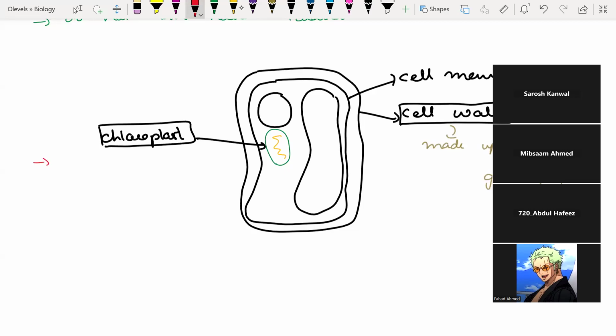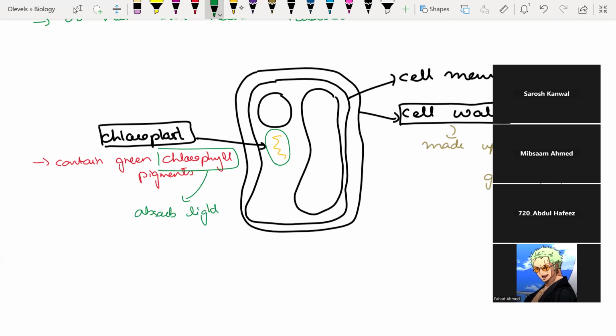Now we know this chloroplast contains a green pigment called chlorophyll. You can say it a chlorophyll pigment. Now this chlorophyll pigment is responsible for absorbing light. Which light? Sunlight. It absorbs light energy during the process of photosynthesis.